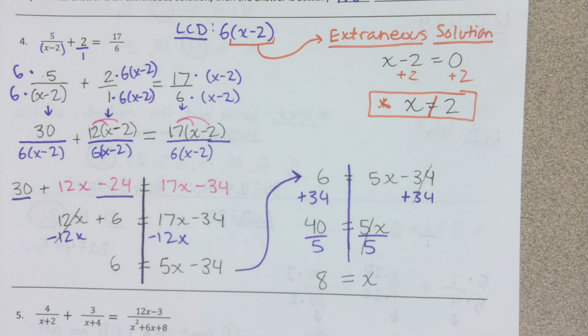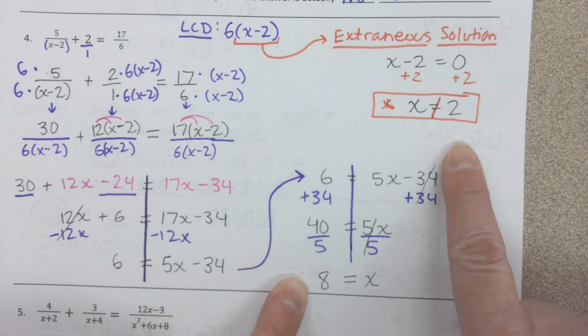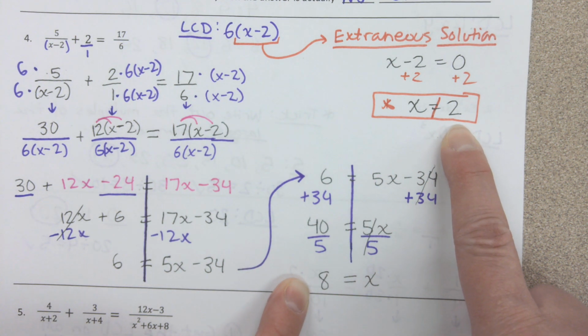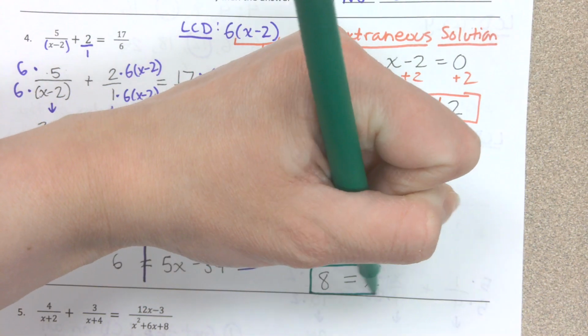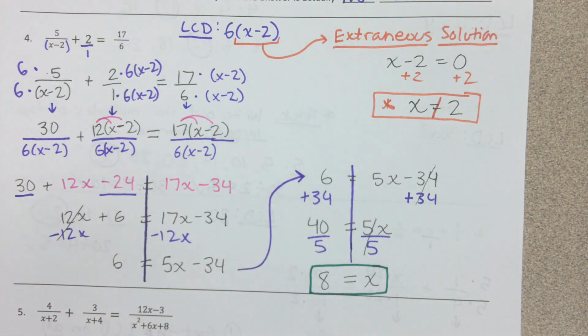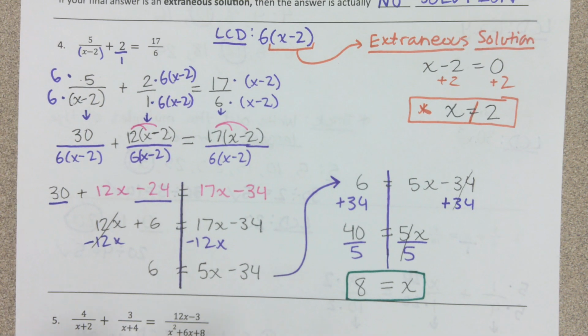After all that work, it's going to be a little hard to remember, but do a quick check and make sure the number you get here is not the extraneous solution. It's not. This answer is right. X is 8. Questions on number 4?